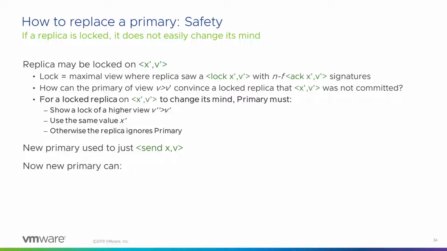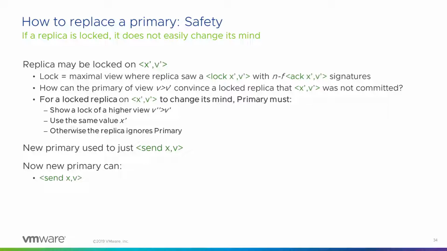So in particular, previously the primary just sent the value it wanted to, but now the primary has to check. Maybe it has to repeat the value of the previous leader, because maybe the previous leader committed something, and now the primary has to continue the same thing in order to not break safety. So here's what the primary can do.